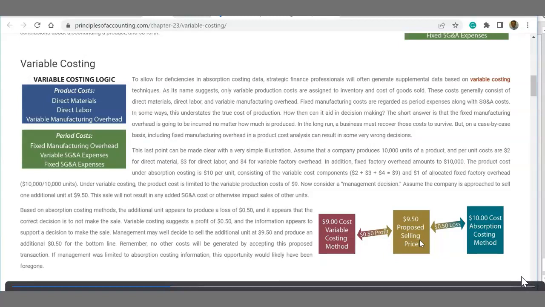So why not? But under absorption costing, if you just know your cost is $10, you say, why should I sell it for $9.50? But if you know as a manager that your variable cost is $9, then $9.50 will be a good idea.